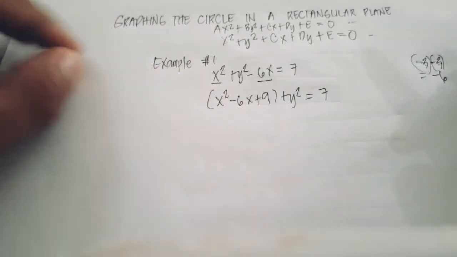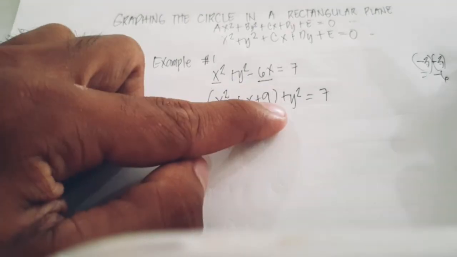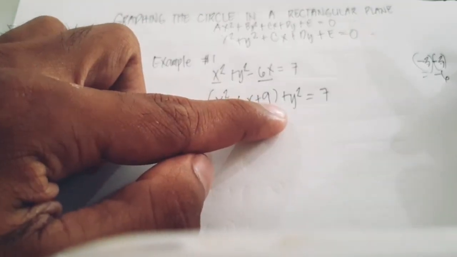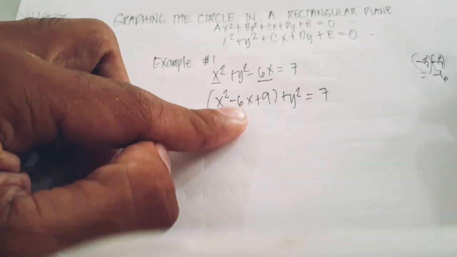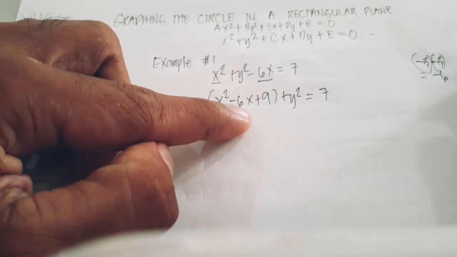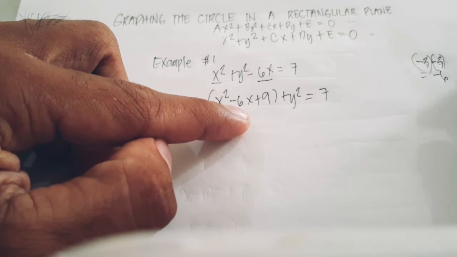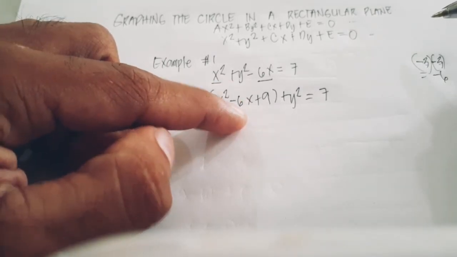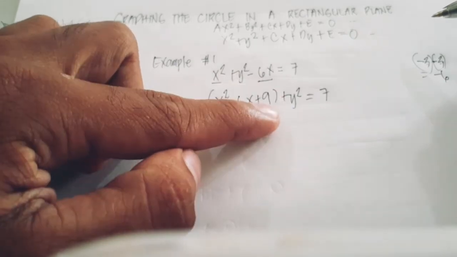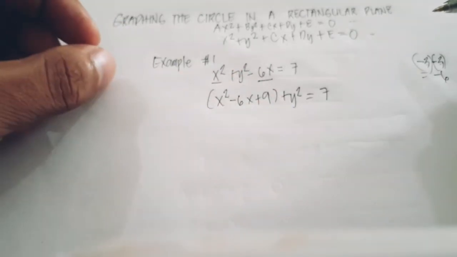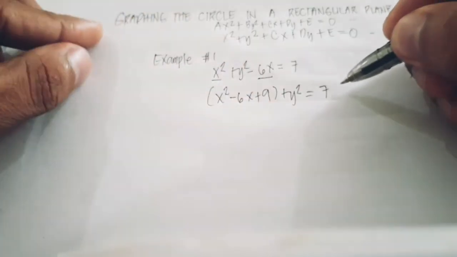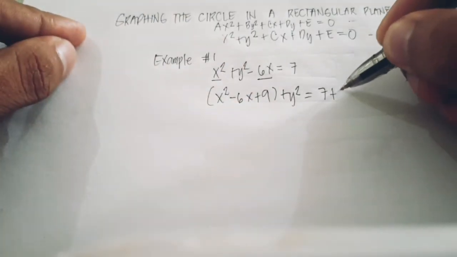Okay, you got it? So sum, product: the sum of the same number and the product of the same number. The same number is negative 3. The sum of negative 3 added to itself is negative 6, and the product of negative 3 times negative 3 is positive 9. So therefore, if we add 9 here, we're also going to add 9 on the other side.